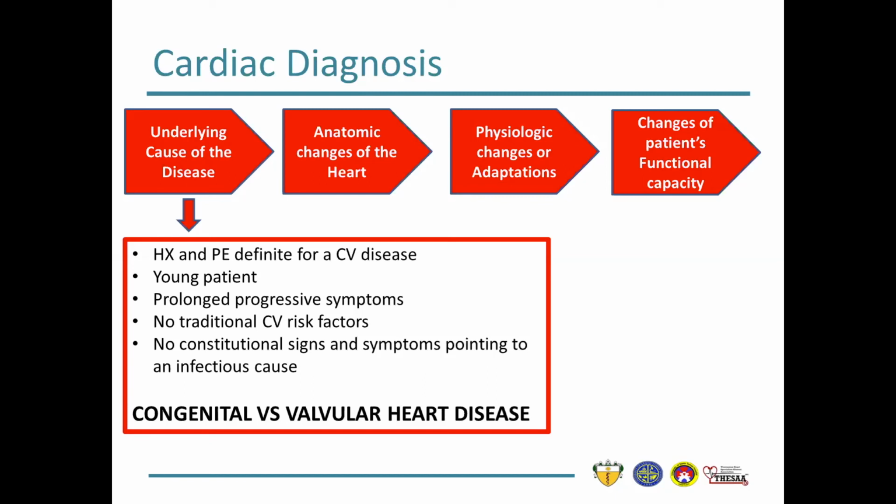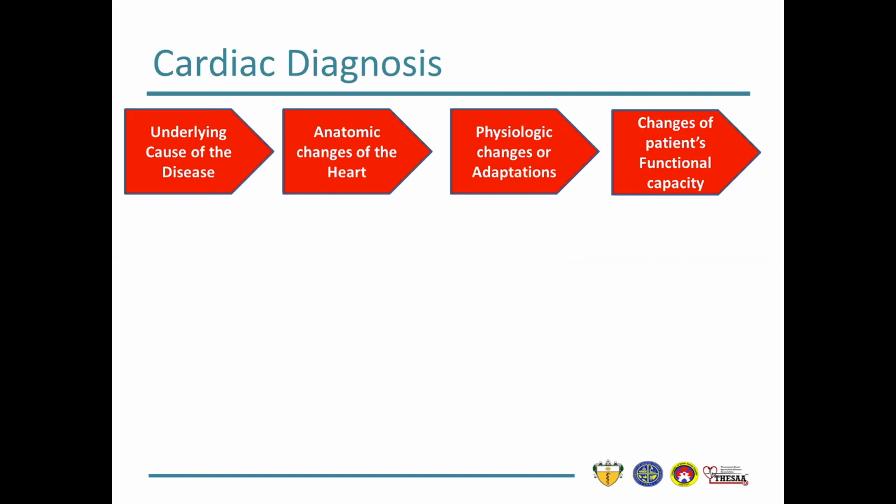She has prolonged progressive symptoms. She denies any traditional cardiovascular risk factors such as hypertension, diabetes, dyslipidemia, and physical inactivity. She has no constitutional signs and symptoms pointing to an infectious cause such as fever. So we might be dealing with a patient with congenital or valvular heart disease.